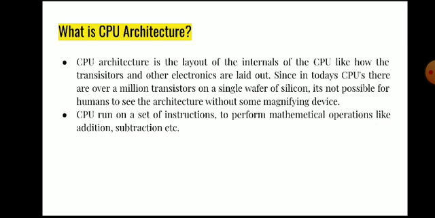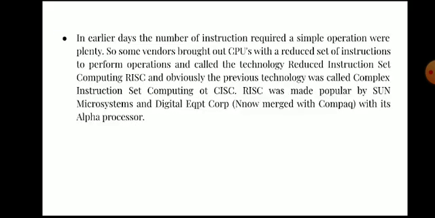CPUs run on a set of instructions to perform mathematical operations like addition, subtraction, and so on. In earlier days, the number of instructions required for a simple operation was plentiful, so some vendors brought out CPUs with a reduced set of instructions to perform operations and called the technology reduced instruction set computing, RISC.